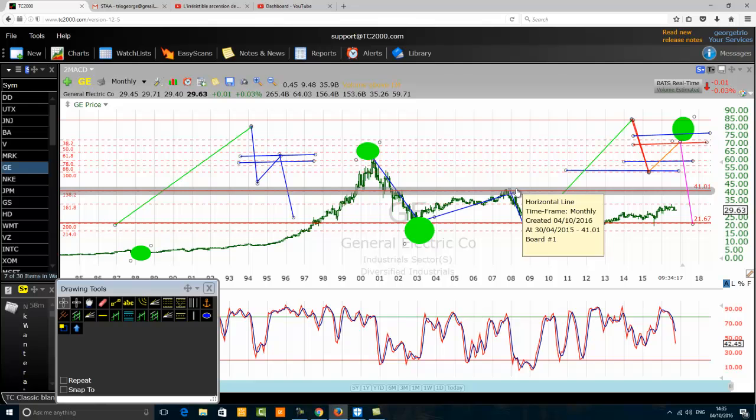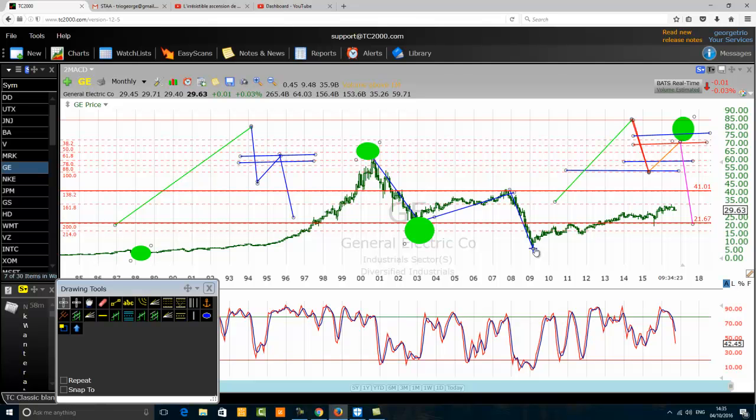Good. Then there will be the C part of the zigzag pattern that will push the price down to the 138.2% or 161.8% Fibonacci extension level of the A part of the zigzag pattern. Sometimes, not very often, the C part can continue beyond the 138.2% and 161.8% zone all the way to the 200% Fibonacci extension level.